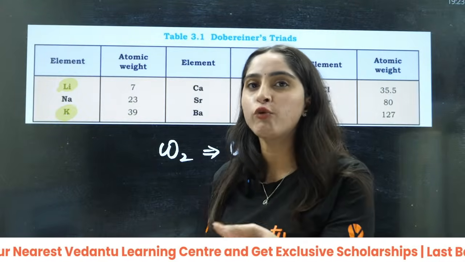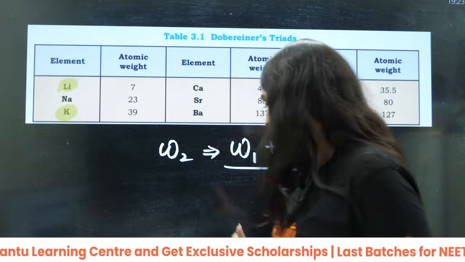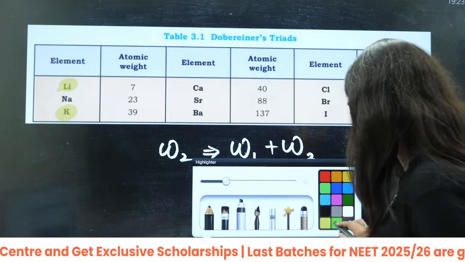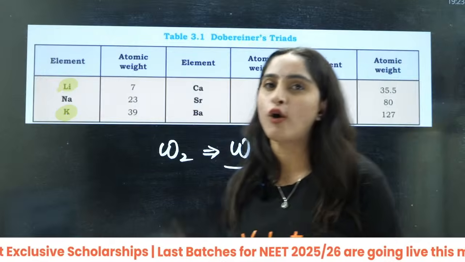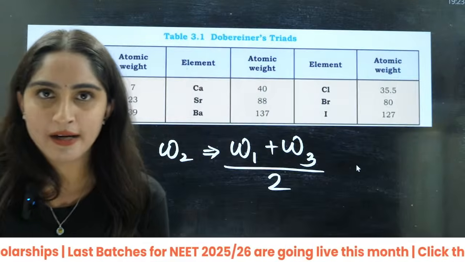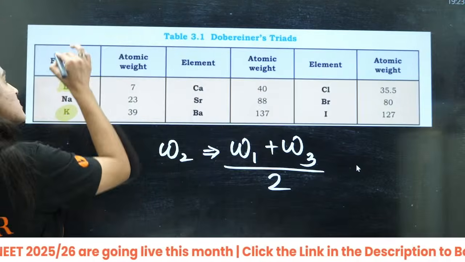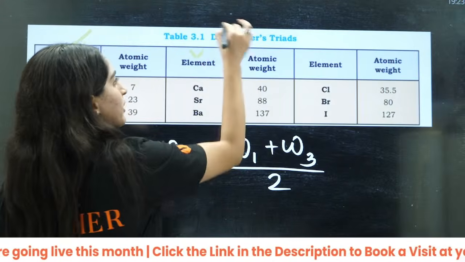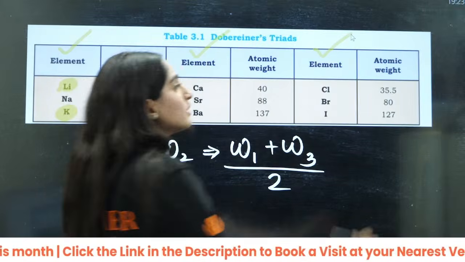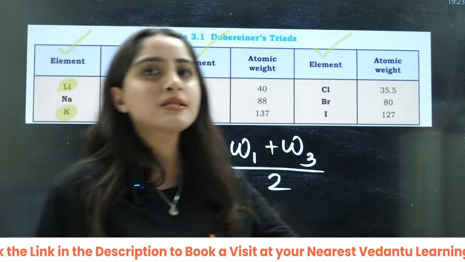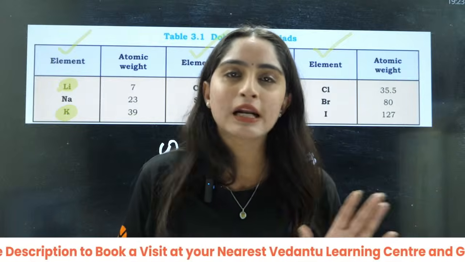Now, what kind of question can they ask from this? They will ask a simple question: which of the following is not a Döbereiner triad. In your NCERT table, it is mentioned that this is a Döbereiner triad, this is a Döbereiner triad, this is a Döbereiner triad. Except for these, nothing is a Döbereiner triad, right?